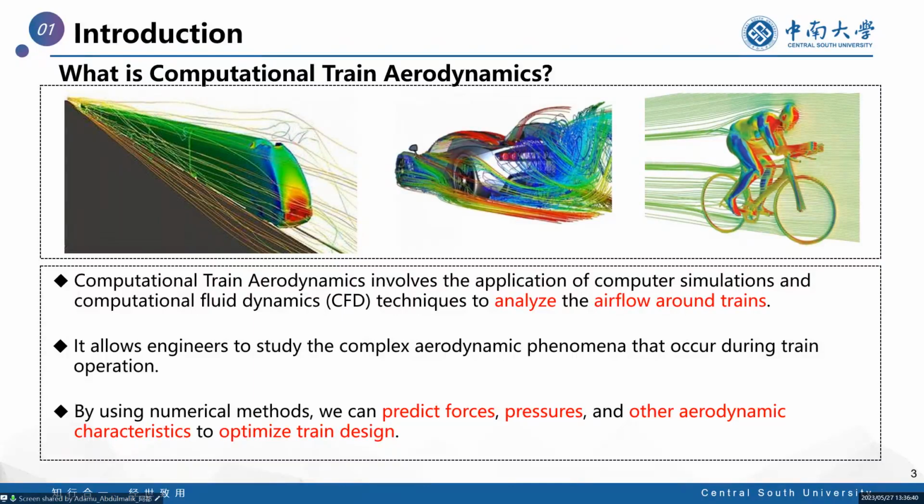So the main essence of studying computational train aerodynamics is to understand the aerodynamics of the train and its surrounding, so as to provide a method of design optimization.